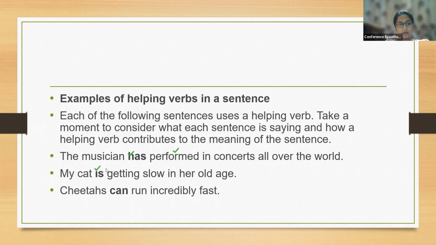In the second sentence also, it is in present continuous tense, right? So that is why is has come, and the form of the verb has also changed. It has ing with the form. Cheetahs can run. Now can is a modal, and it has also added some new meaning. So these are changing the meaning of the sentence.